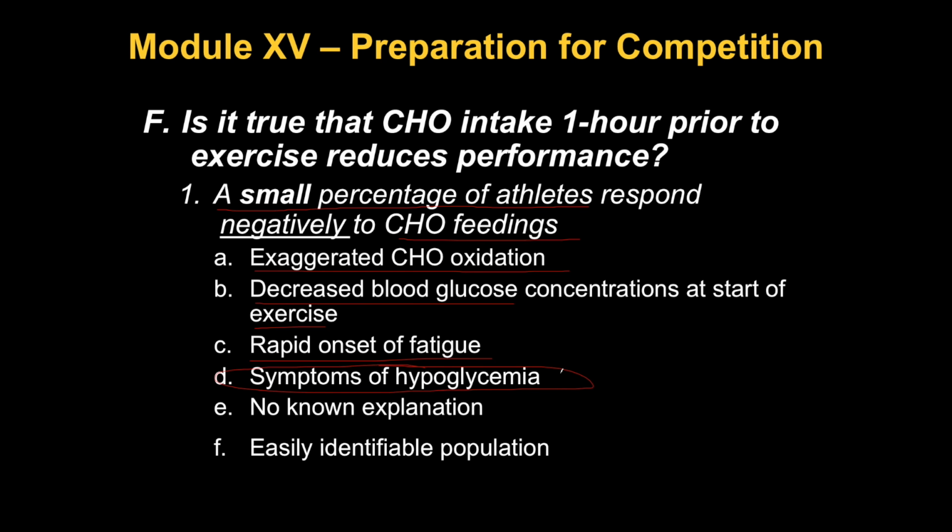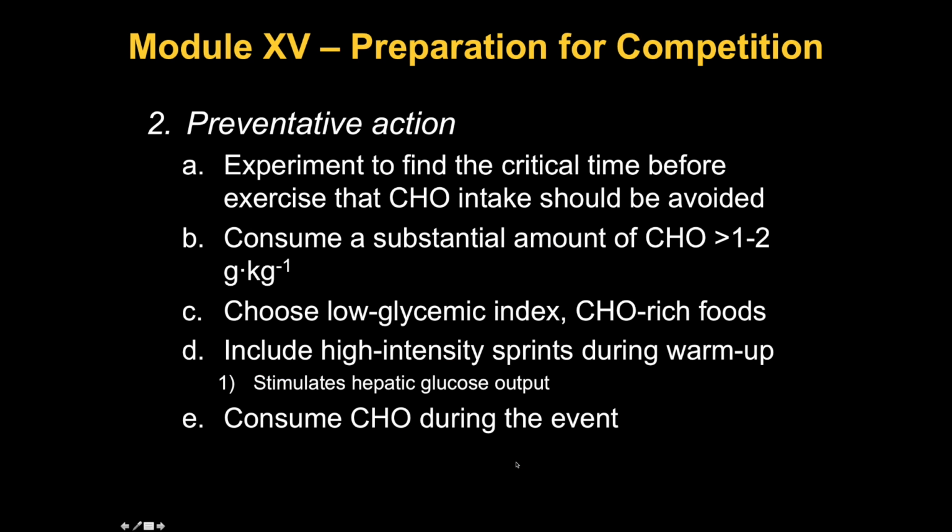So we eat the carbohydrate, we get this exaggerated increase in carbohydrate oxidation, and then that's going to cause low blood glucose levels. There's no known explanation for this, but the good news is that if we've practiced our diet plan ahead of time, ahead of the race, we can easily identify this particular population and then take some preventative action.